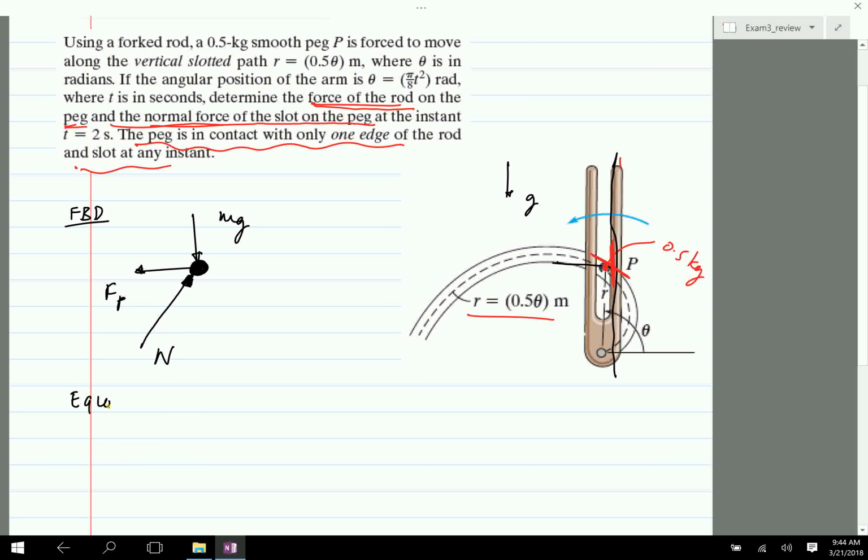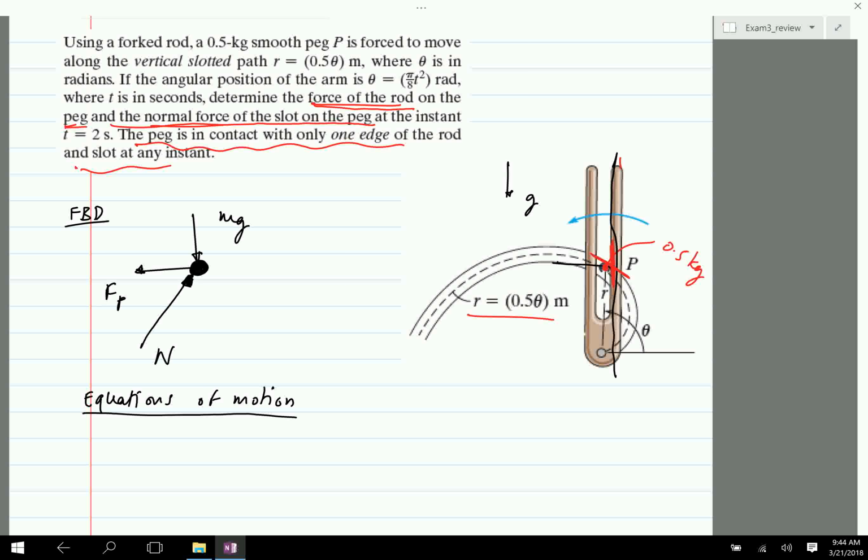Okay, next we move to the equations of motion. You're not given the dimensions of the object, so this is a particle problem. You have to write the equations of motion.